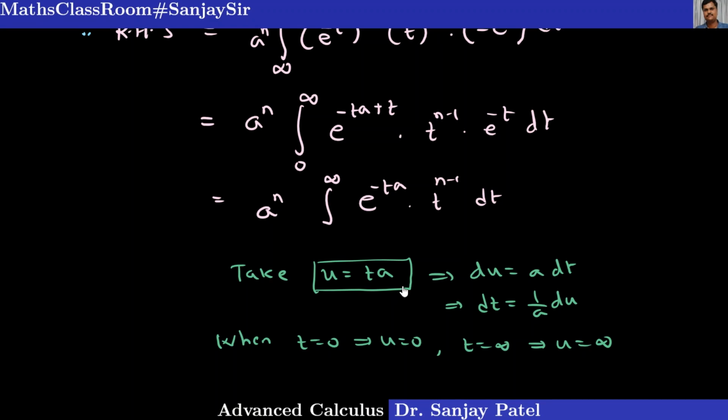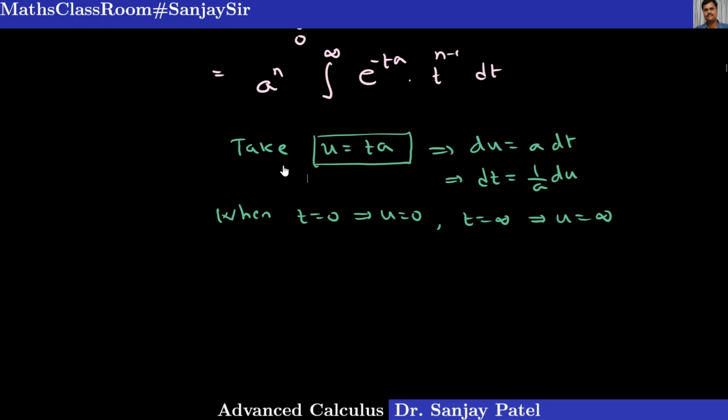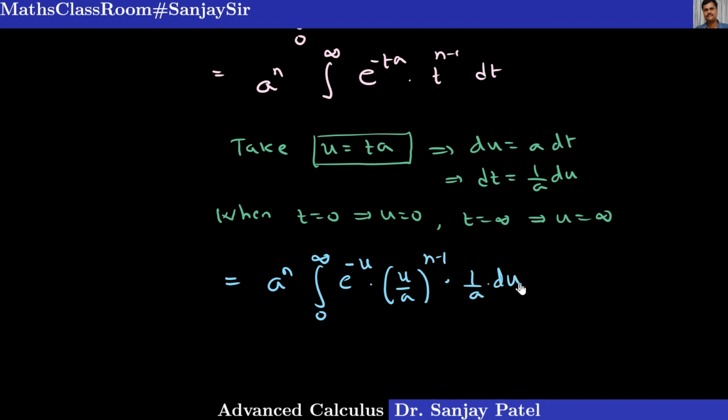Putting all these values in this above step means here what I will get is this is equal to a raised to n integral 0 to infinity e raised to minus u, and what is t? From this relation, t is equal to u upon a. So I am putting it here, u upon a raised to n minus 1 is there, and dt is 1 upon a into du.